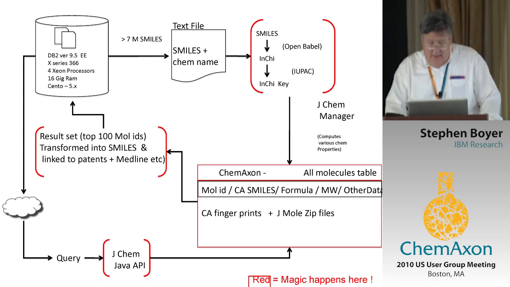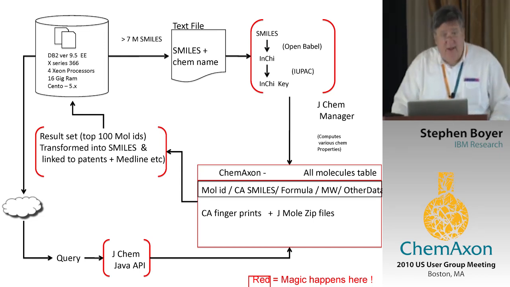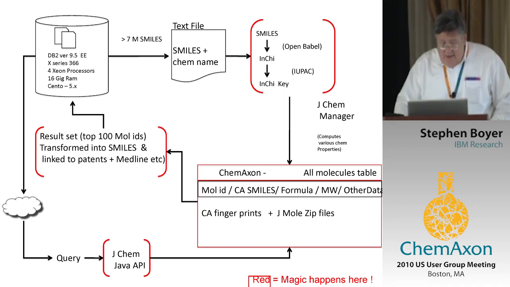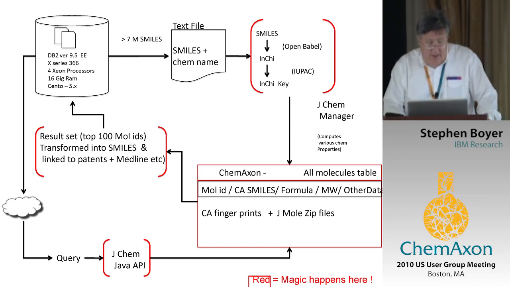This table contains the mole ID, the ChemAxon SMILES, the formula, molecular weight, and other data, including something called the fingerprint and the JMol Zip file. I'm not exactly sure how all this works, but from what I understand, it's this fingerprint and the JMol Zip file which enables one to do these queries, but we can then put in a query here.